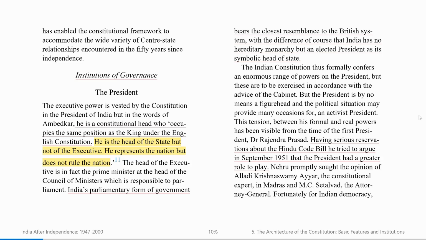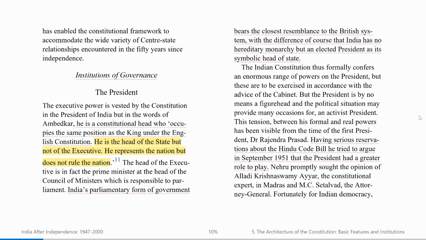Now the idea is that there have been many political situations which have provided for an activist president. The first controversy we had was with Dr. Rajendra Prasad, who had serious reservations on the Hindu Code Bill, and he tried to argue in September 1951 that the president had a greater role to play.